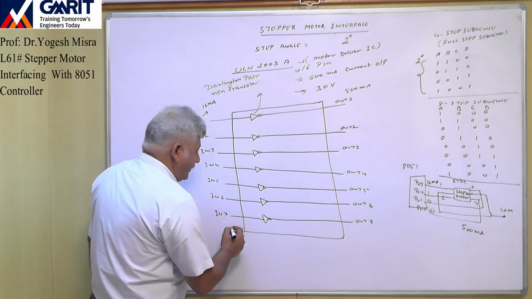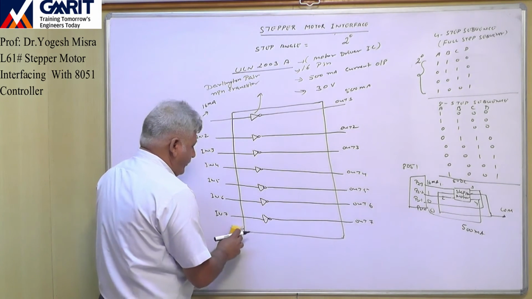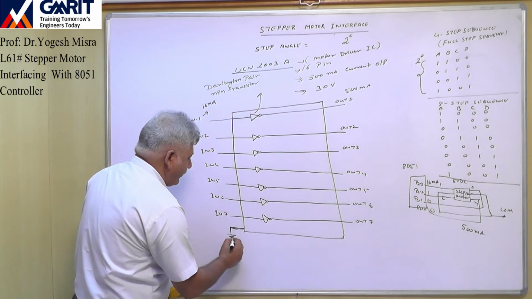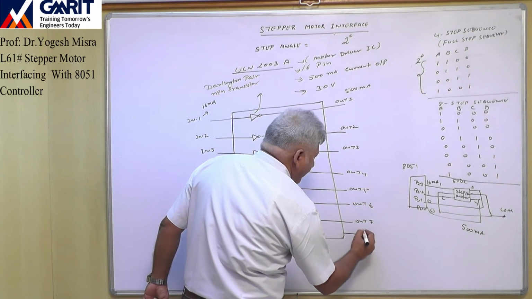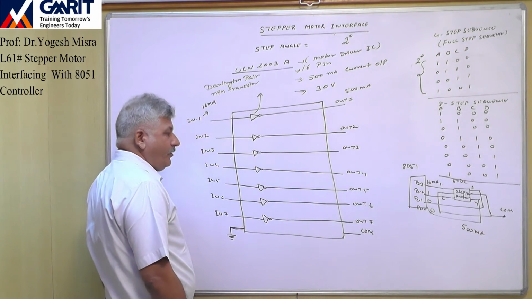Now there is a pin for ground. So this is for ground, and there is a pin for common. One output pin for common.